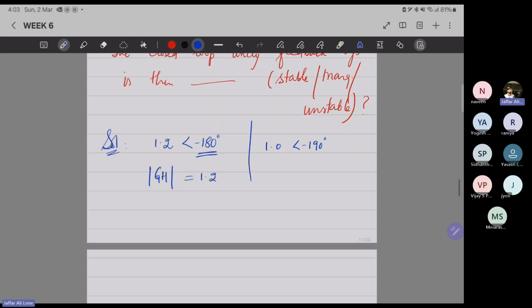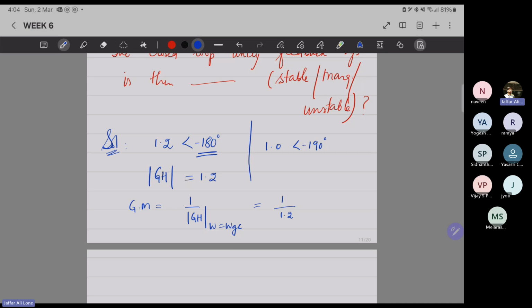And I told you the gain margin is 1 over the magnitude of GH at omega equal to omega PC. So it's nothing but 1 over 1.2, because directly we are given that it's at minus 180.